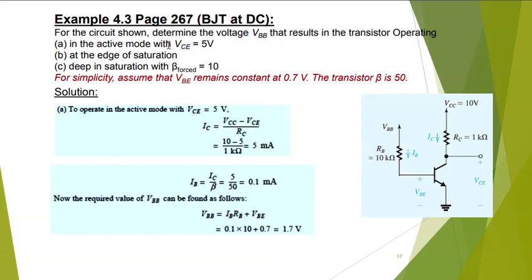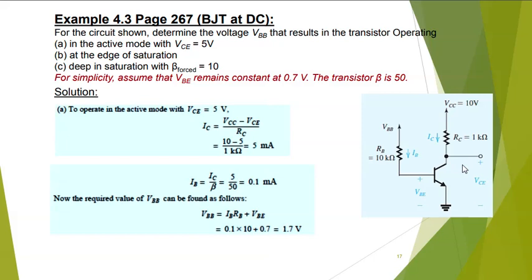For the circuit shown, determine the voltage VBB that results in the transistor operating in the active mode when VCE is 5, at the edge of the saturation, and deep in the saturation when beta forced is 10. Okay, it's interesting. So VCE is basically given to us.